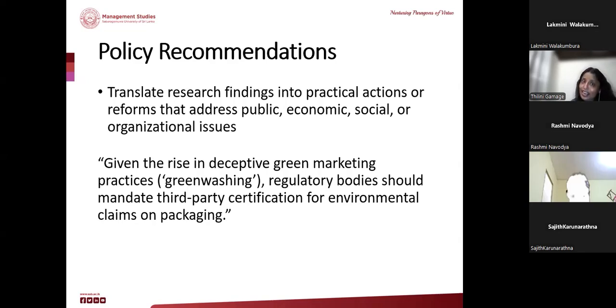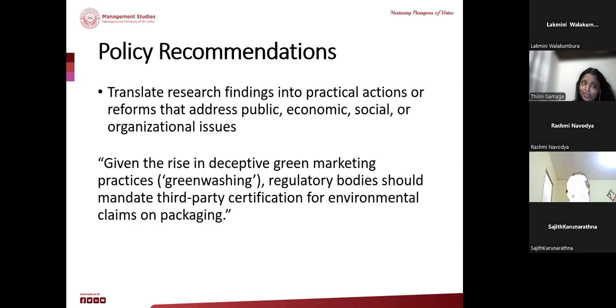As I told you, it allows researchers to translate the research findings into practical actions or reforms, to inform and influence policymakers to address public, economic, social, or any other organizational issues that they have to encounter. And remember, these policy recommendations should be very specific. And also they have to be directly coming from your findings as well.